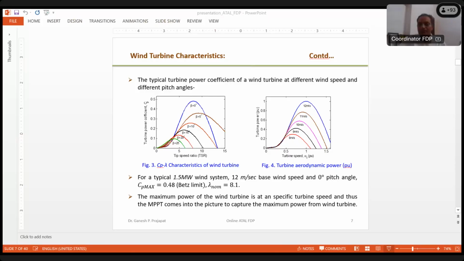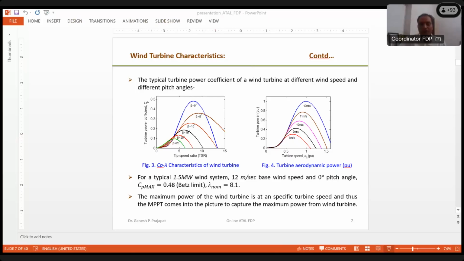Similarly, if it is 12 meter per second, then it should be, let's say, 1. So whenever there is a change in wind speed, sometimes the wind speed will be 12 meter per second. Sometimes it may be 8 meter per second. And again at the next moment it may be, let's say, 10 meter per second.